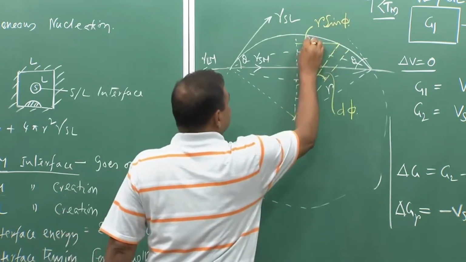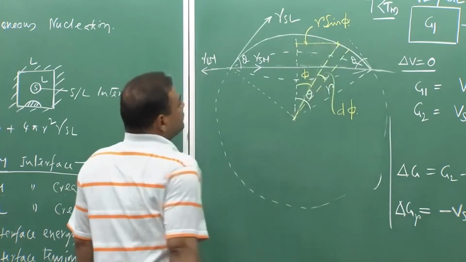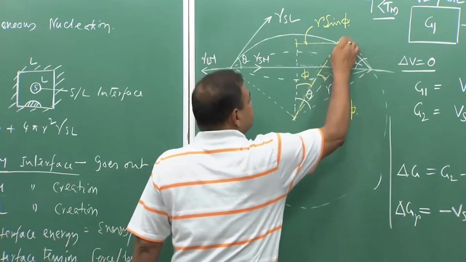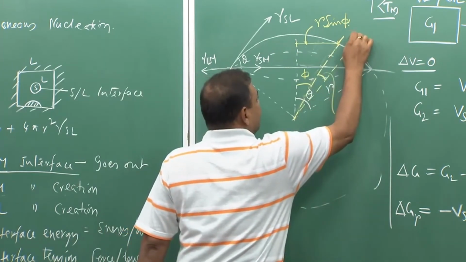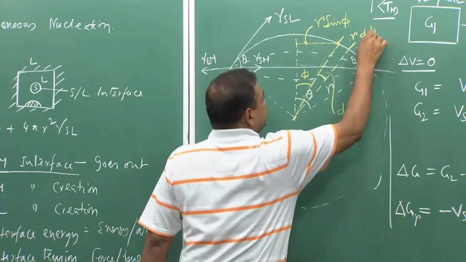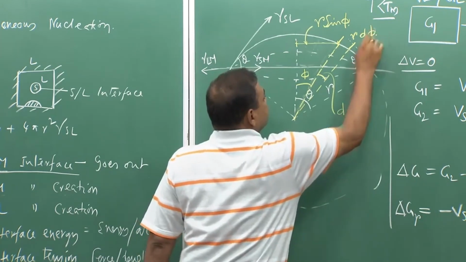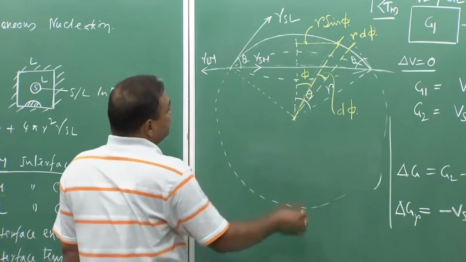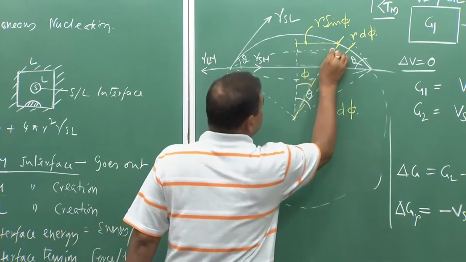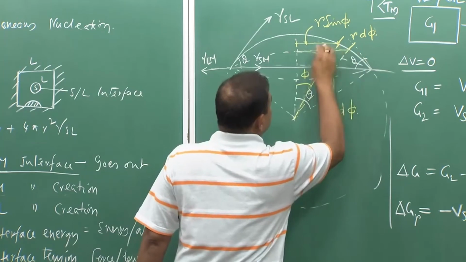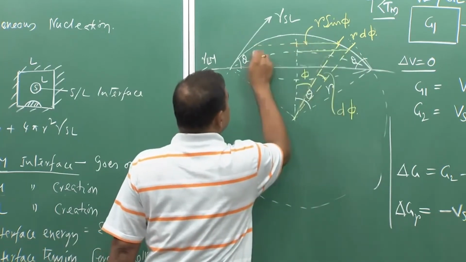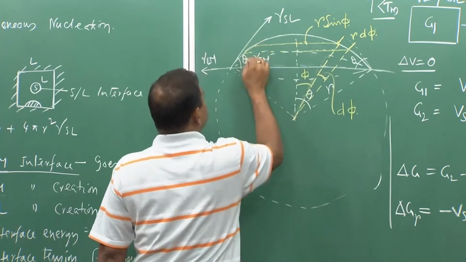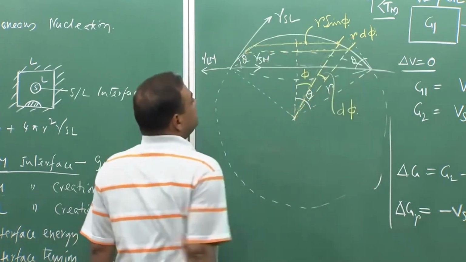So this particular length becomes r sin phi, and this is r d phi, and this is a small portion.